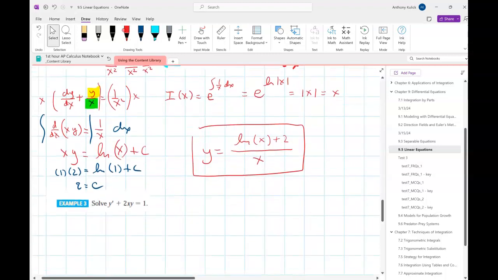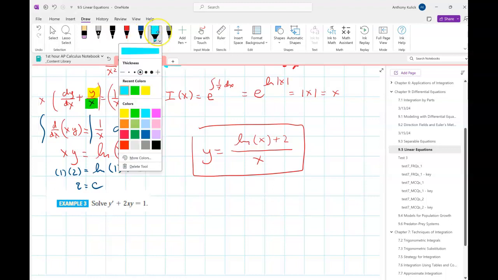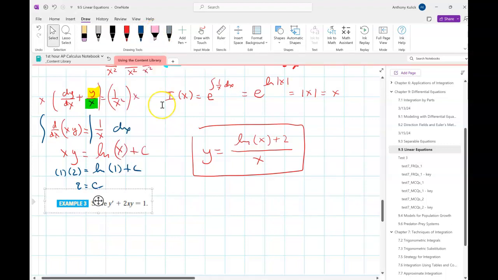If it's the derivative of p of x times y, why is it not y over x? What do you mean? I'm sorry, say it again. Wait, so when you multiply the I of x to both sides, you just know that it simplifies to the derivative of p of x times y, right?